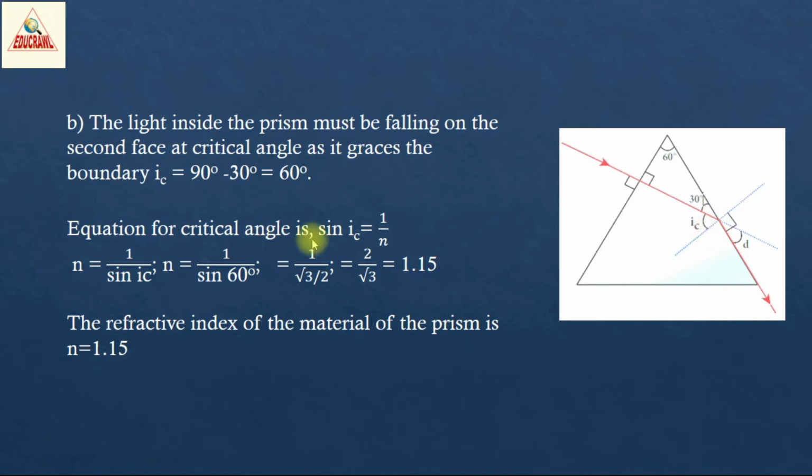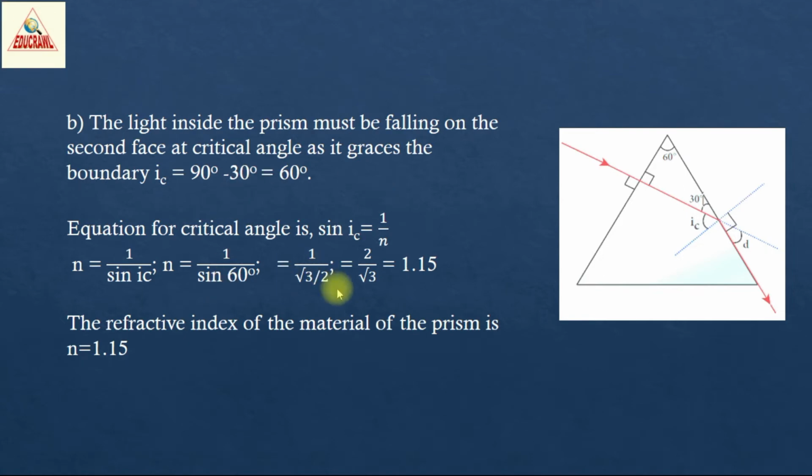And we know the expression for critical angle: sin IC is equal to 1 by n, where n is the refractive index of the material of the prism. Here we need to find the n value, so we reverse this formula: n is equal to 1 by sin IC. Substituting 60 degrees, sin 60 is root 3 by 2.